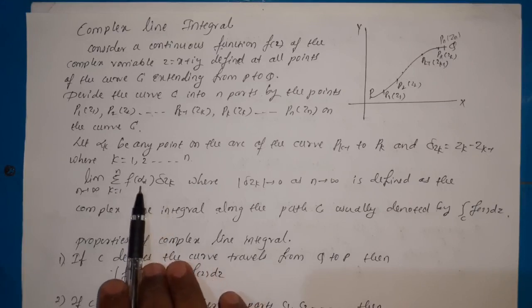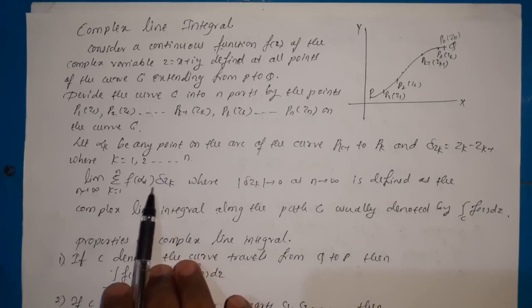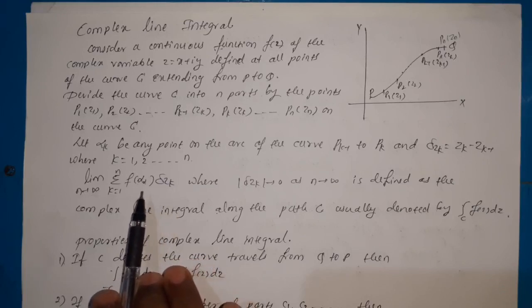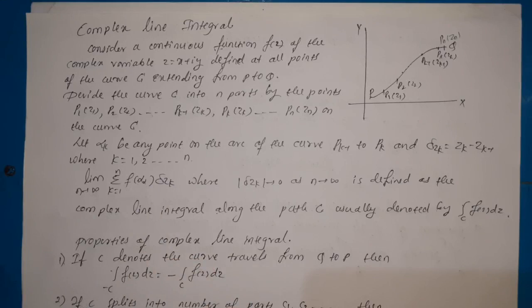If we multiply them, that gives length and breadth, which is nothing but the area of a rectangular strip. As in Riemann integration, we divide the region into rectangular strips, and by finding the upper sum and lower sum we evaluate the integral.